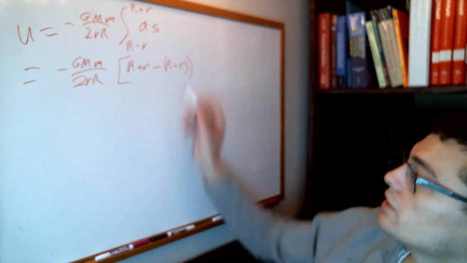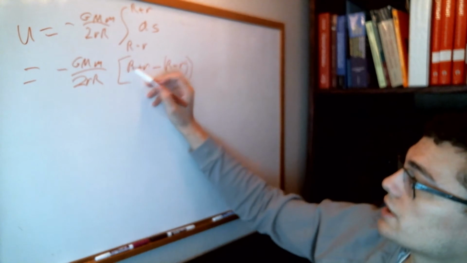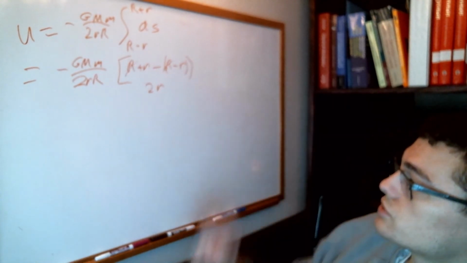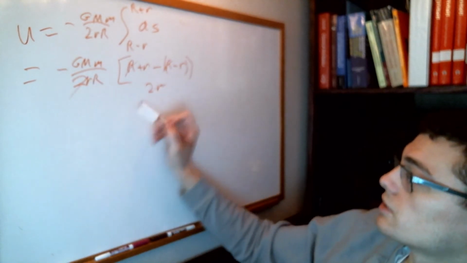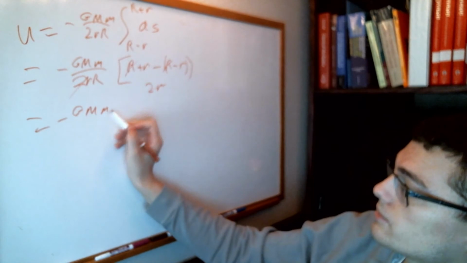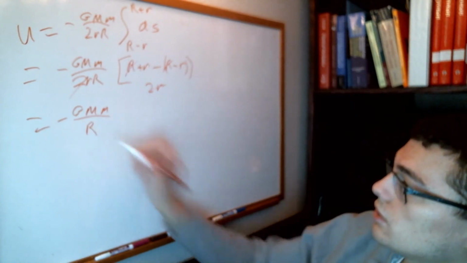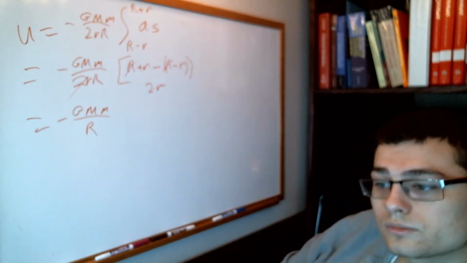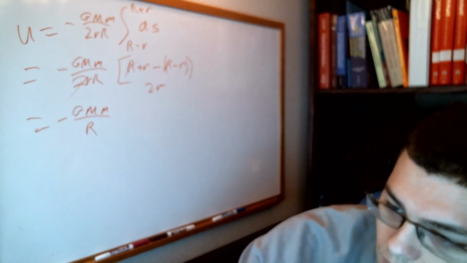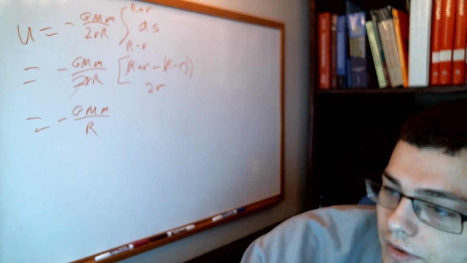And so now these R's are going to cancel out, and these two are going to double up. So you're going to get 2r, so that's going to cancel with that, and that's going to yield negative GMm over R. So now we have big R here for a point mass inside a spherical shell.